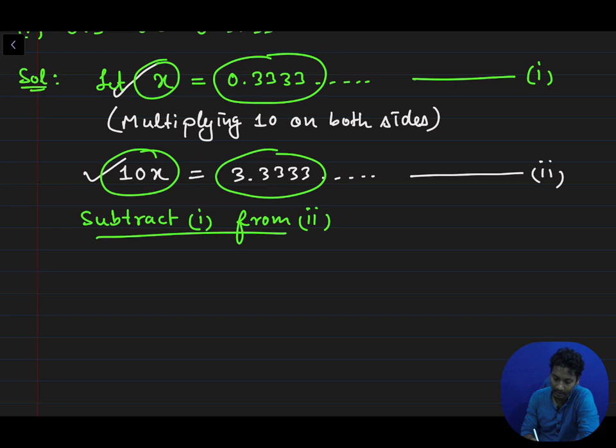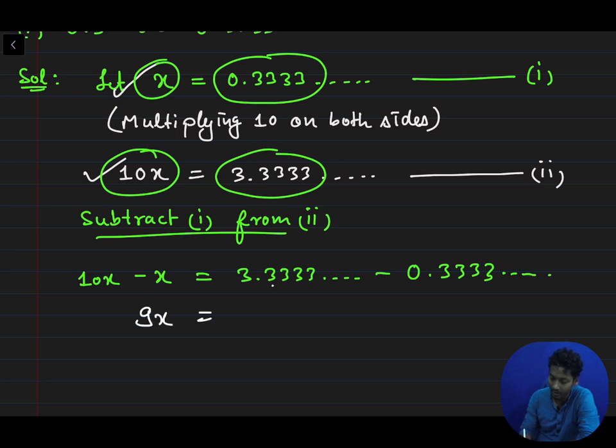So 10x minus x is equal to 3.3333... minus 0.3333... Now if you observe carefully, 10x minus x will give you 9x, whereas this side the decimal places will be cancelled. The 333 infinity times subtracted by 333 infinity times will result in 0.